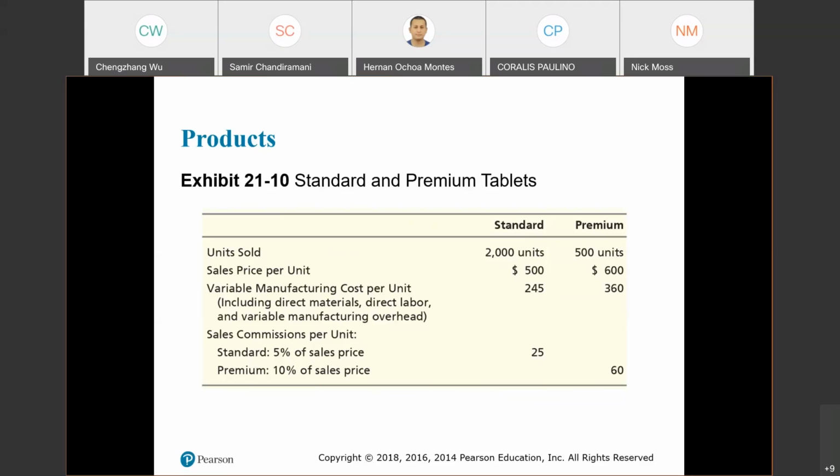For the standard type, the sales price is $500, so the sales commission is 5% of $500, which is $25.